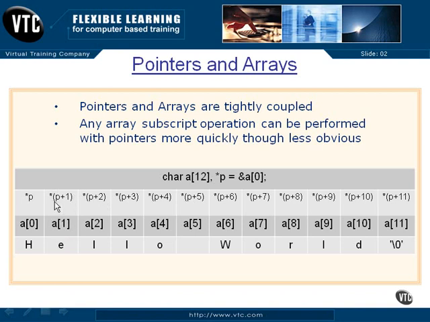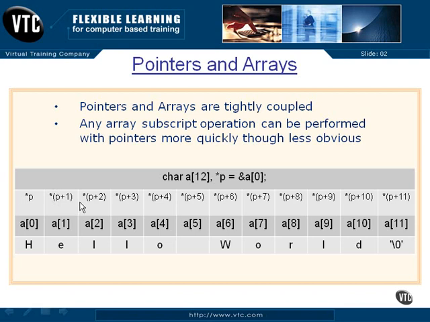We have to use the parentheses because of the relationship of the asterisk and the addition so that we get the right form here, that we get what we wanted. We don't take the value out of here and add 1 to it. We want to add 1 to the pointer and then dereference it, get the contents of the pointer incremented by 1.